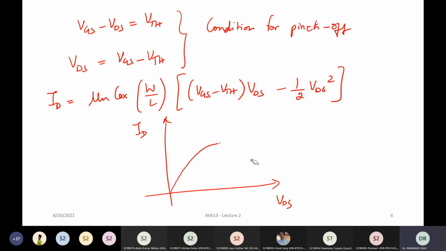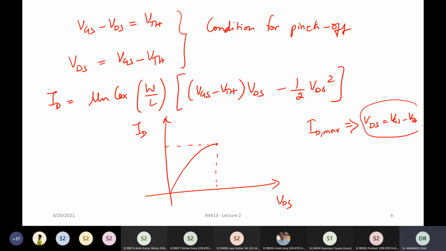But if you find out what the maximum value is here, it turns out that ID max happens when VDS is equal to VGS minus VTH. That's the peak of your parabola. This is easy to derive. You can just set the derivative to 0, and you will see that this is your ID max.